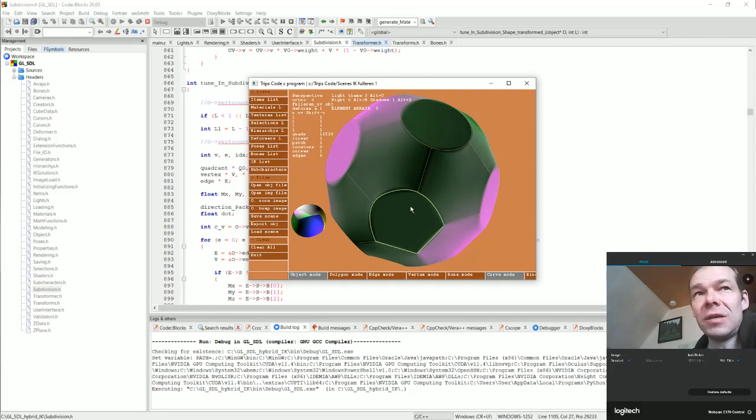But if we change the geometry, then it becomes instantly complicated, because if we add geometry, then of course we add the new polygons to the end of the array.